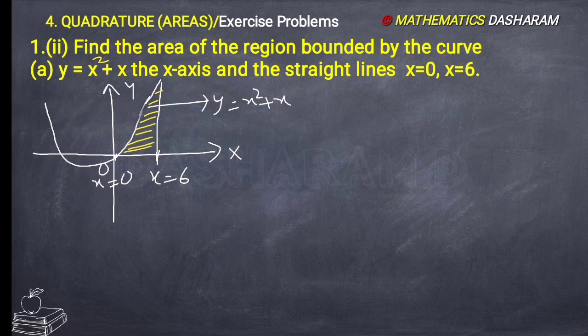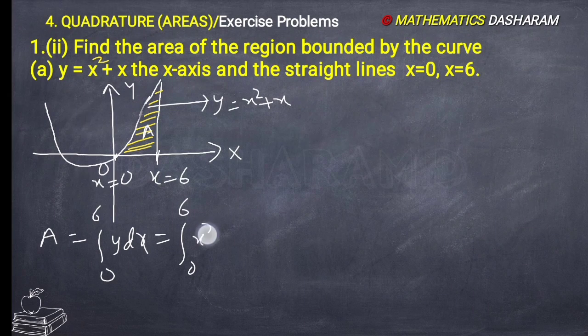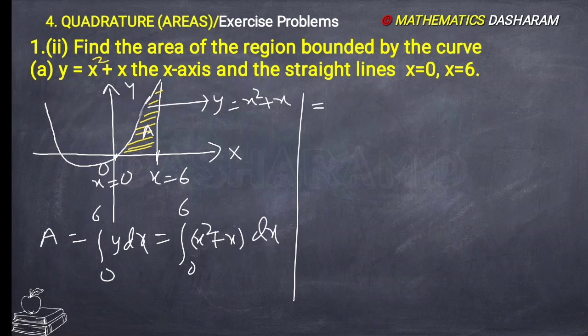To find this area, A equals integration from 0 to 6 of y dx, which equals integration 0 to 6 of the given function x square plus x dx. The integration of x square is x cube by 3 and the integration of x is x square by 2, from 0 to 6.